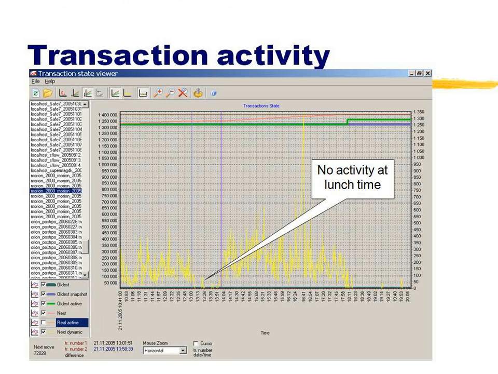So another kind of graph is the intensity of transaction in your system. Transaction monitor takes information from database every minute. So it knows how much transactions your applications are starting.